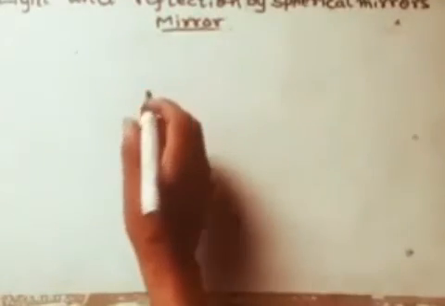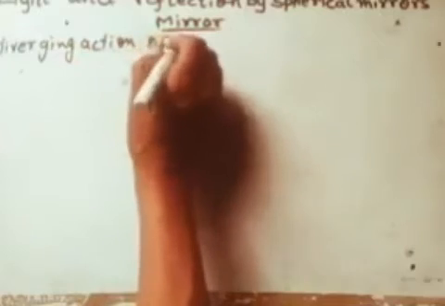Before I tell you about image formation by these two mirrors, there are two important and very easy diagrams. One is the diverging action of a convex mirror.